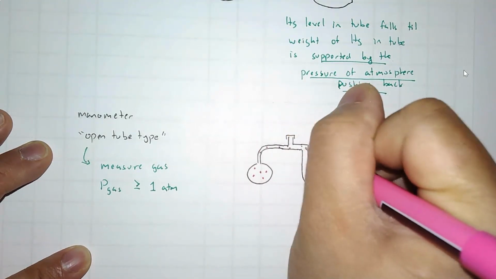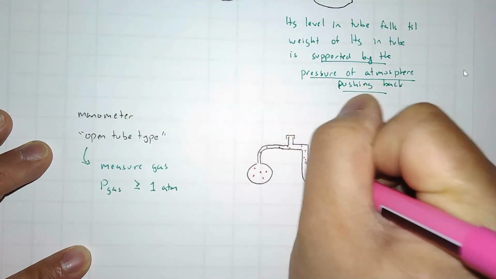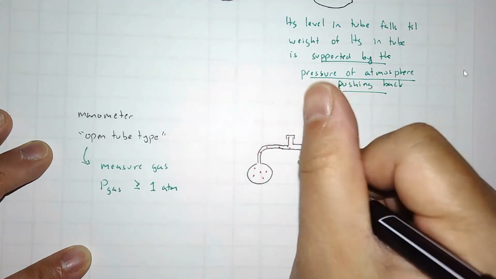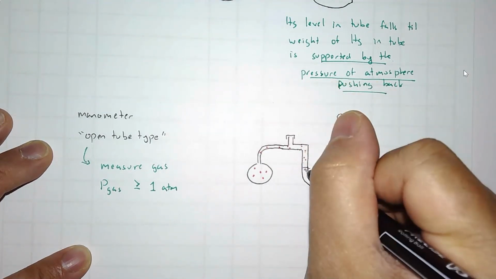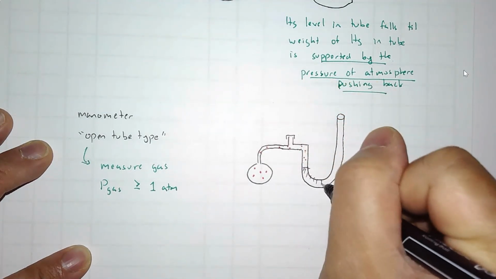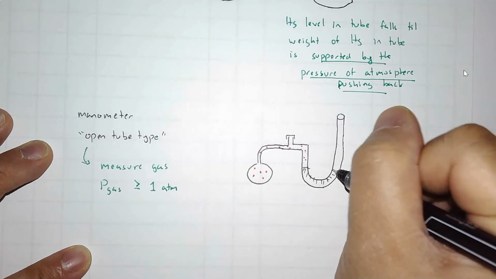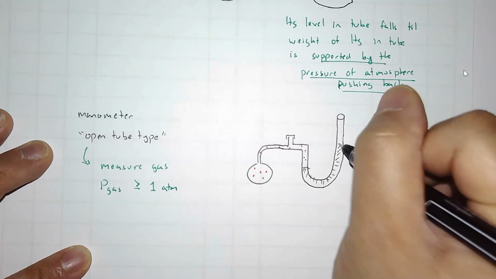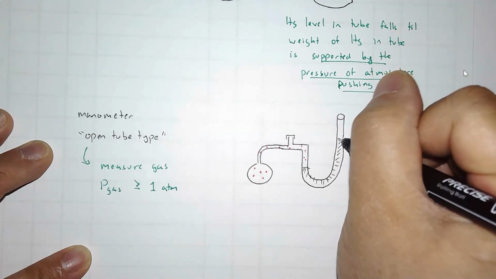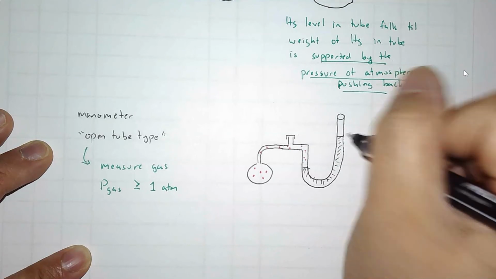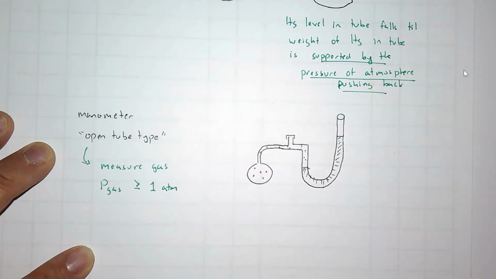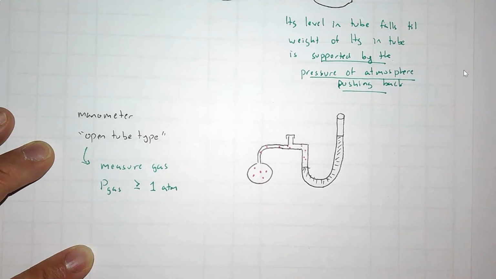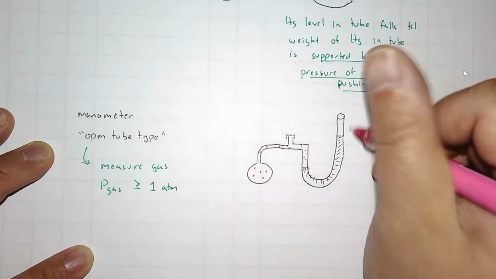It has a pressure, and it's pushing against mercury. So let's say it pushes that far, and it pushes the mercury in the tube maybe this far up. Let's go right there. So we do have a height difference. That height difference is this.